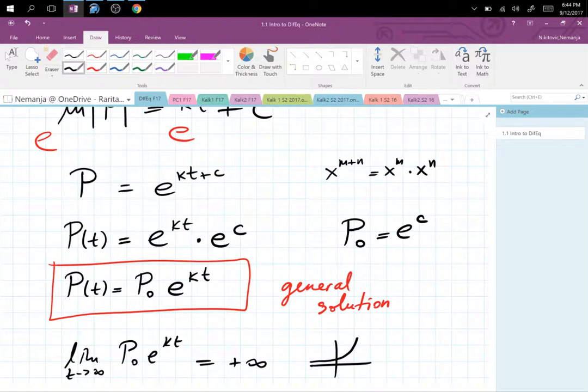K can be anything other than infinity. K is the constant of proportionality, so it cannot be infinite. You cannot have infinite proportion. That's going to be negative 0.3 or positive 300. The t equals 0 is going to kill it. So e to the 0 is 1, and the initial case is there.